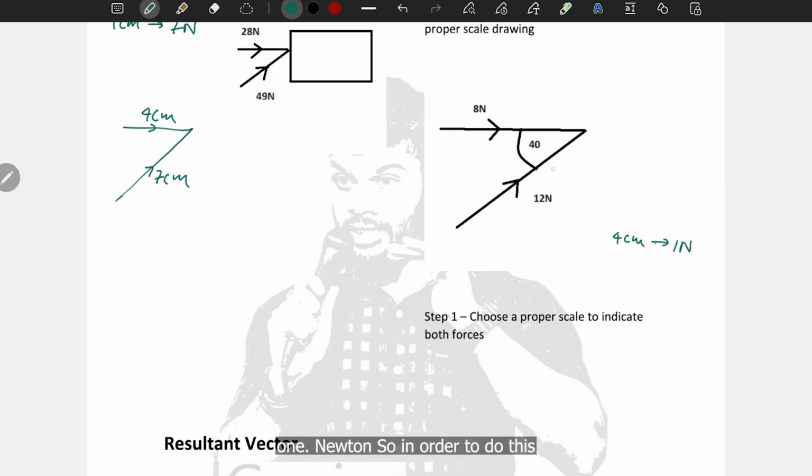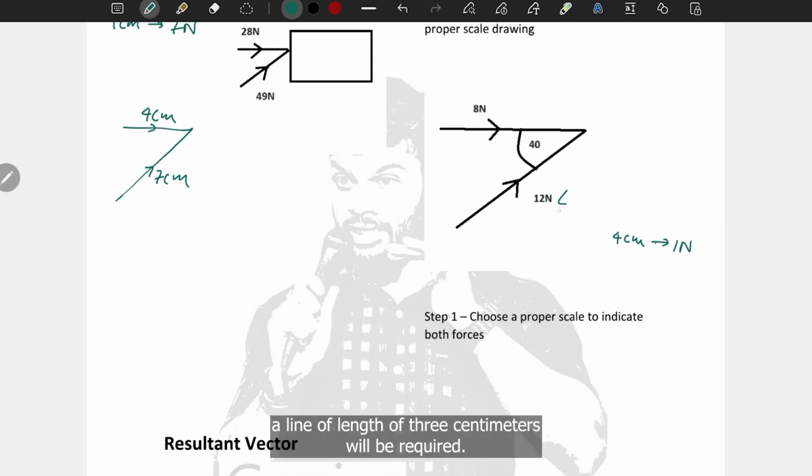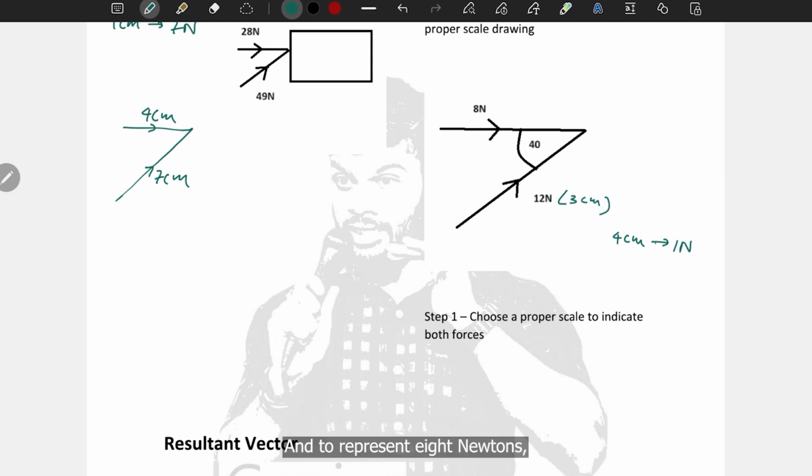So in order to represent 12 Newtons, a line of length 3 centimeters will be required, and to represent 8 Newtons, a line of length 2 centimeters will be required.